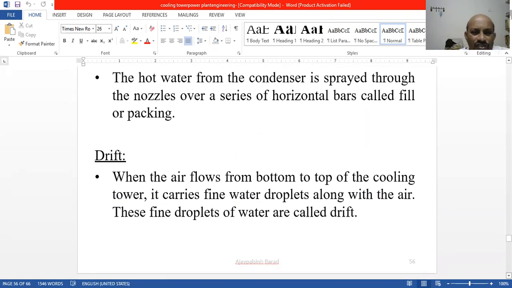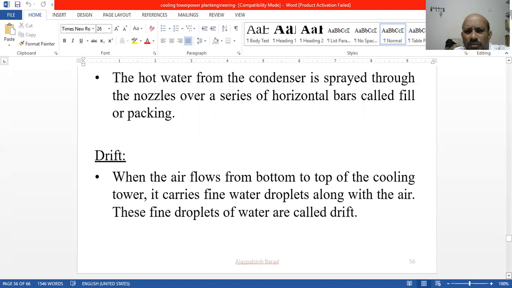What is the drift? We are going to define that one. When the air flows from the bottom to the top of the cooling tower, it carries fine water droplets along with that air. These fine droplets are called drift.